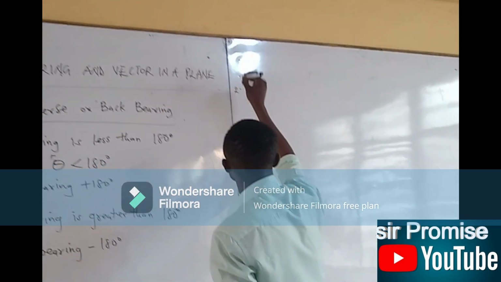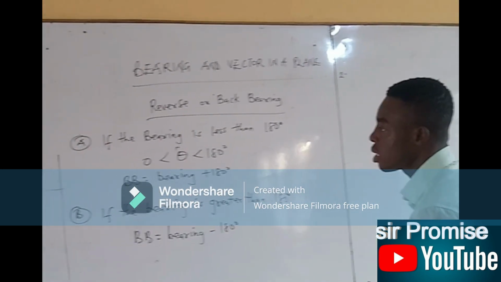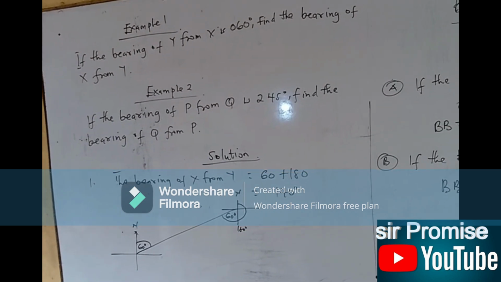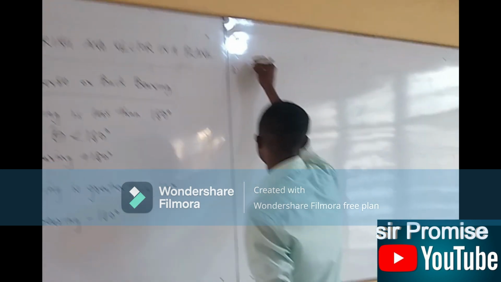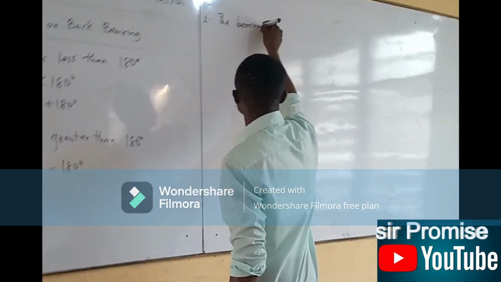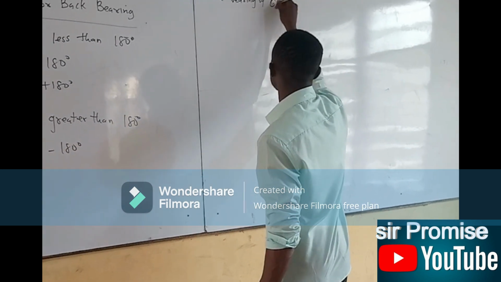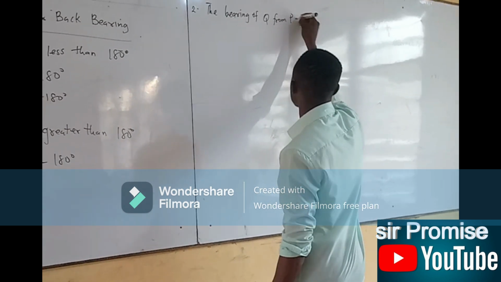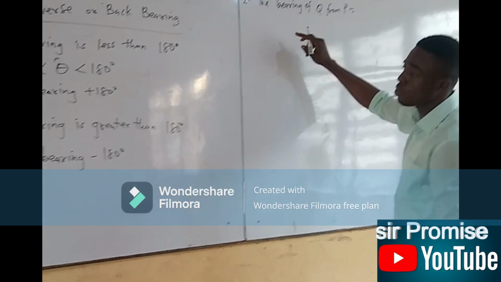Let's take the second example. Example 2 says that if the bearing of P from Q is 245, find the bearing of Q from P. So this is the back bearing we are talking about.